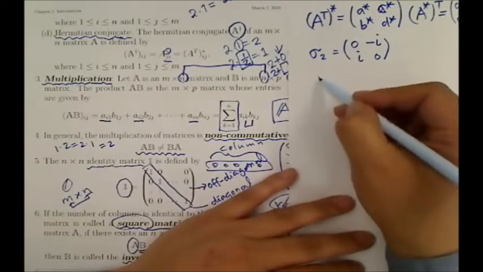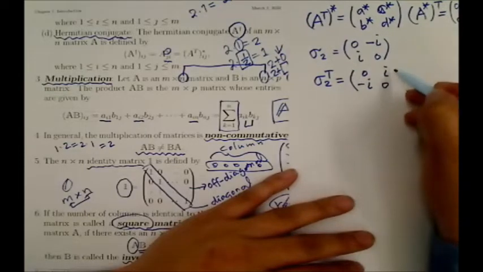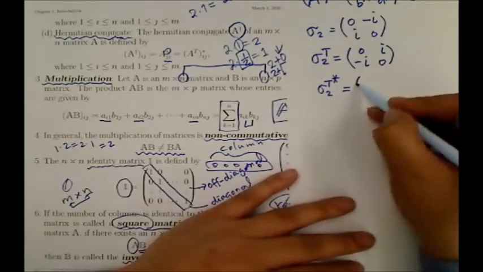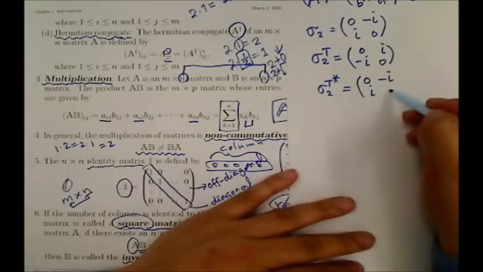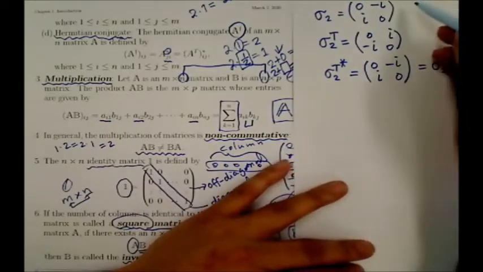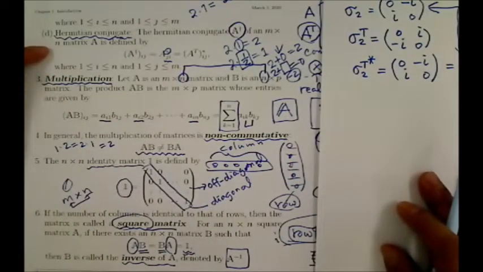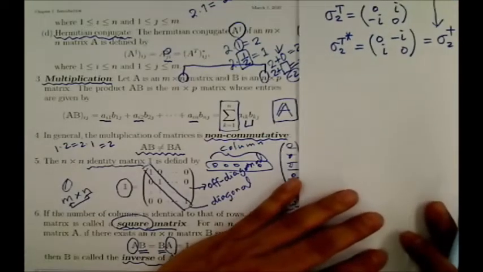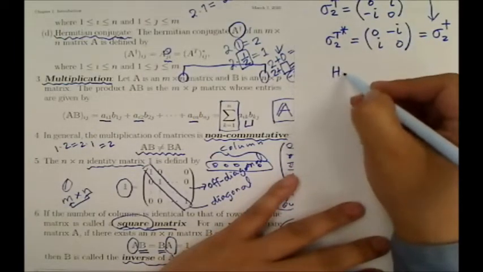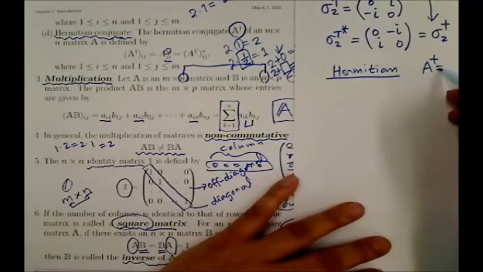If I take the transpose, and then if I take the complex conjugate, so this is sigma 2 dagger. We find that sigma 2 dagger and sigma 2, they are the same. If it is the case, we say this is a Hermitian matrix. Hermitian is when A dagger becomes itself.